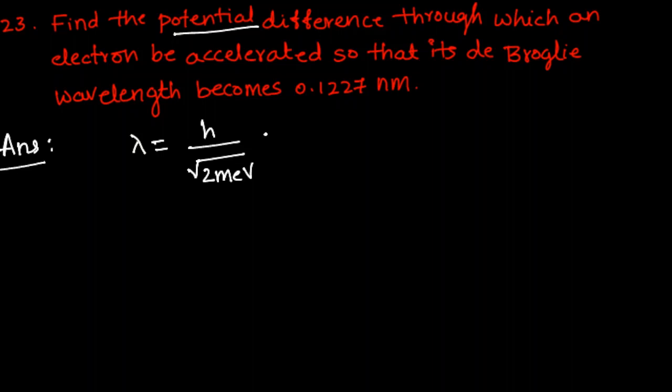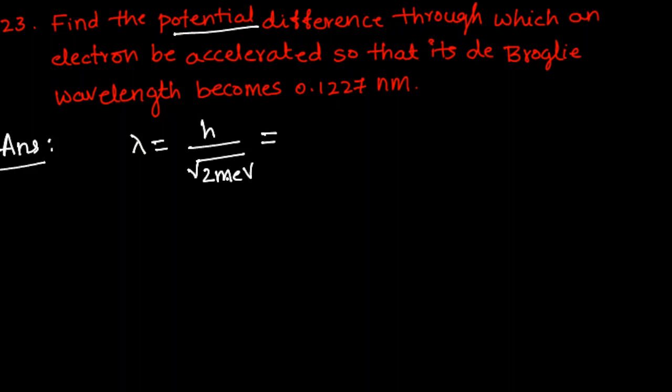So here, if we put the values of these constants, h is Planck's constant, its value is 6.627 into 10 raised to minus 34, and m is mass of the electron, its value is 9.1 into 10 raised to minus 31 kg. e is charge of the electron, its value is 1.6 into 10 raised to minus 19 coulomb.